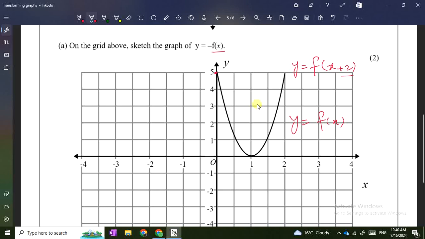At this point we have x equal to 0, and this point should be here. If you take away 2 from 0, it will be minus 2, and at this point x is 1. So if from 1 you take away 2, this point will move here, and at this point x is equal to 2. So if you take away 2, this point will move here.